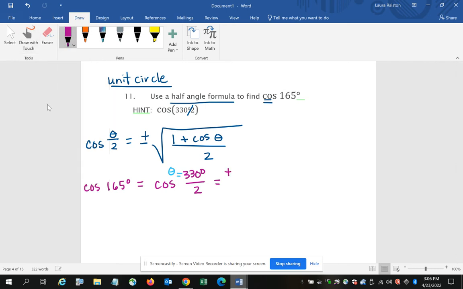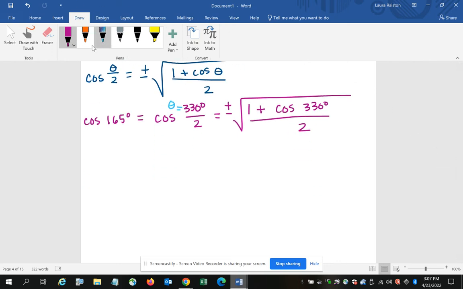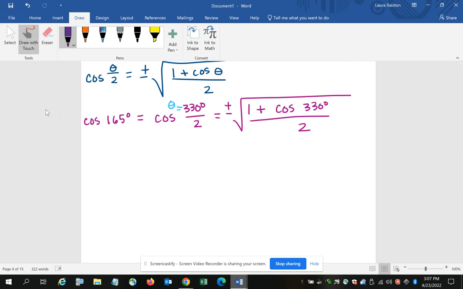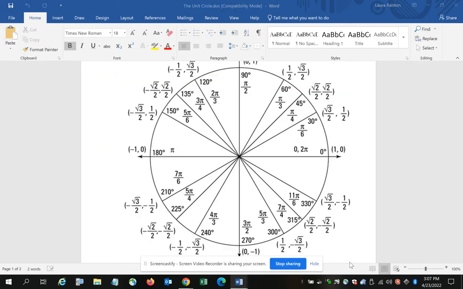So we have plus or minus the square root of 1 plus the cosine of 330 degrees all divided by 2. And then from my unit circle, I'm going to read what the value is for the cosine. Going out to my unit circle, finding 330 degrees, I need the cosine.